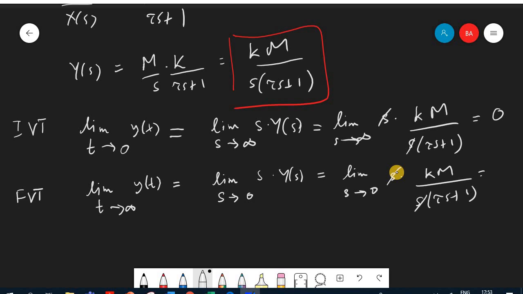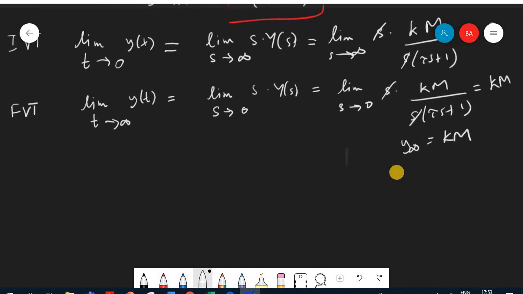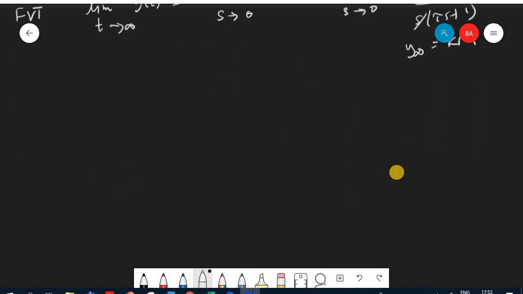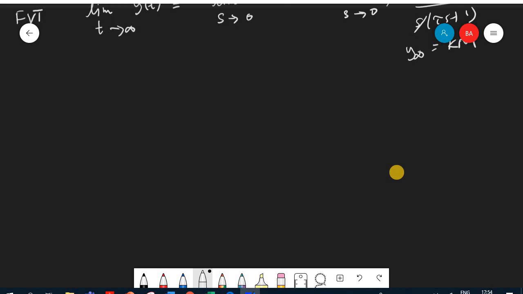So Km over 1, which is Km. So I'm getting the same answer from the final value theorem, that y infinity is equal to Km. I'm just showing that to you so that you get more comfortable with the initial value theorem and the final value theorem. So that is for a step input to a first order process.